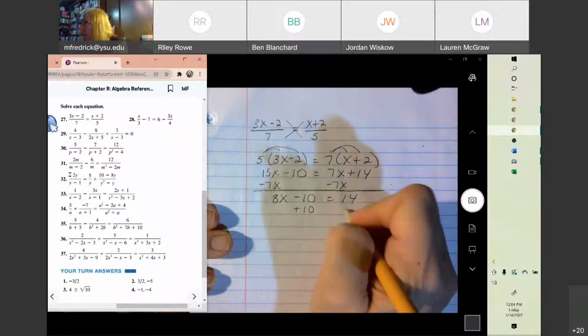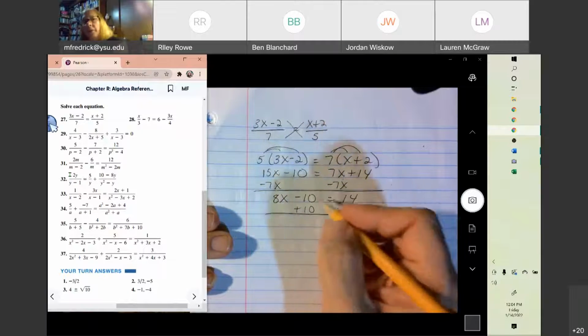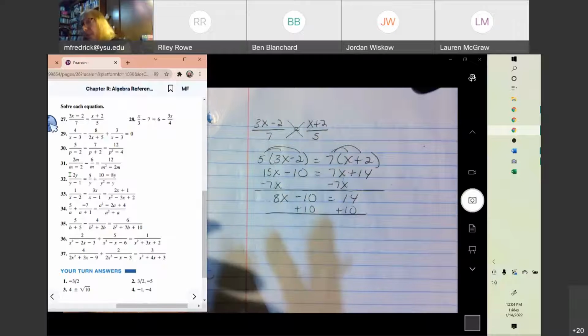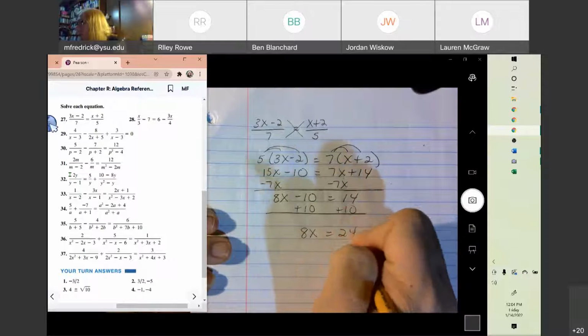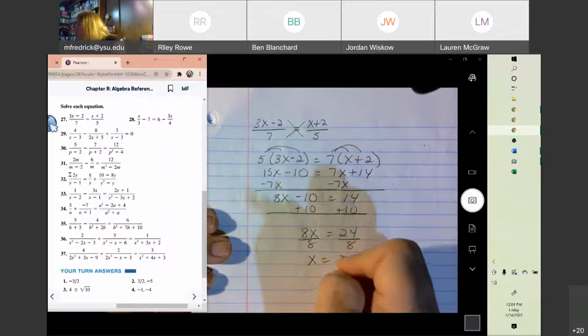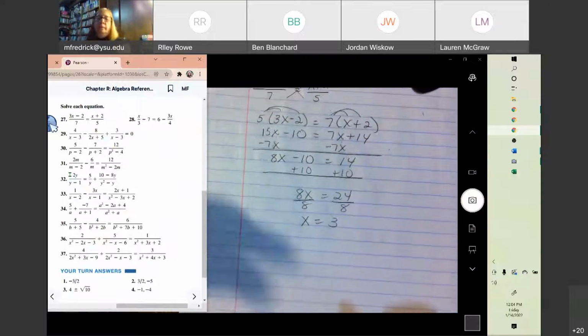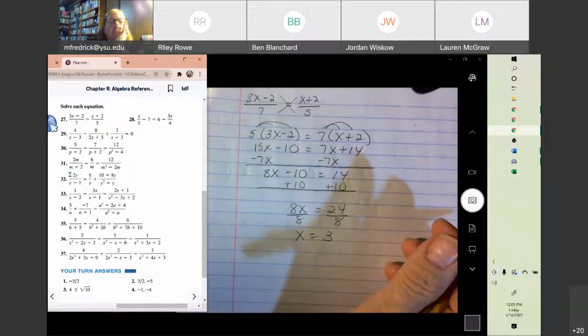And add the 10. Now, if you can do this part in your head, you do not have to write the plus 10 on both sides. And divide by 8. Any questions on that?